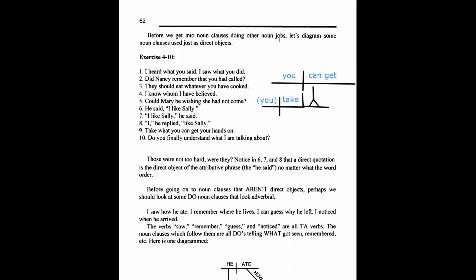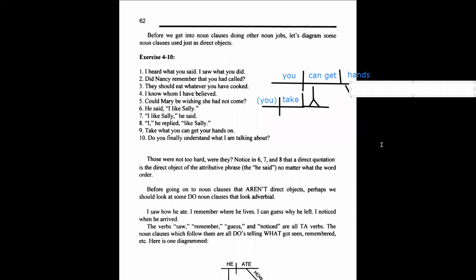What can you get? Your hands. So hands is our what? Direct object. What's your doing? Your is modifying hands. Okay. Just put Y there.